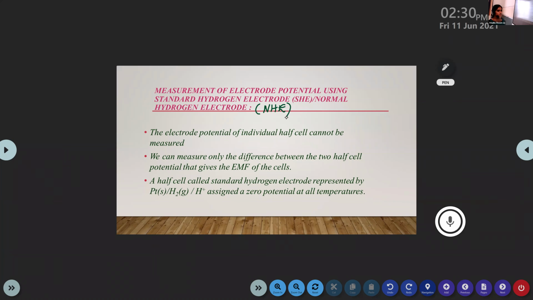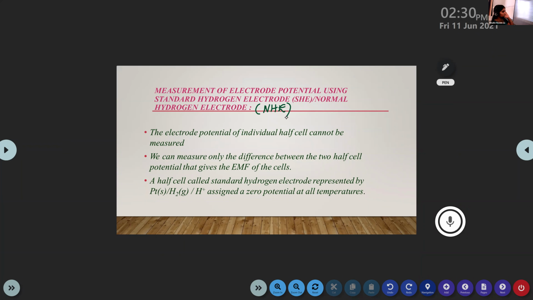In the last equation, we just wrote down the equation, but we don't know the values of Zn2+ or Cu2+ etc. So we are going to find a method for calculating such values.